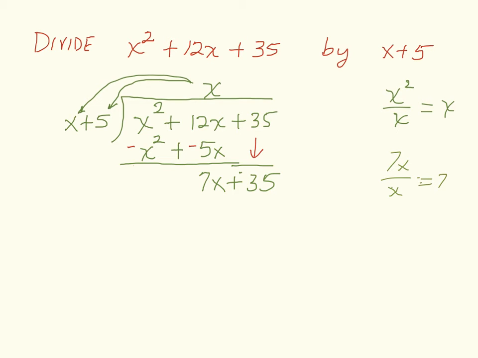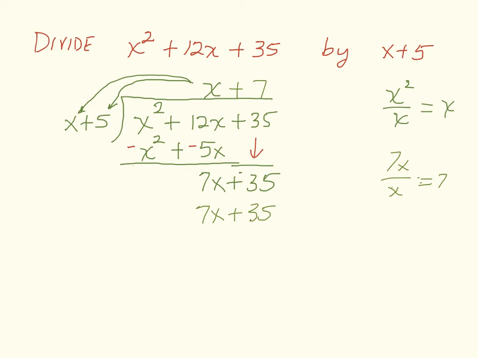So x goes into 7x 7 times. Plus 7, because it's a positive 7. Now I multiply. The 7 times 5 gives me positive 35. And the 7 times x gives me 7x.